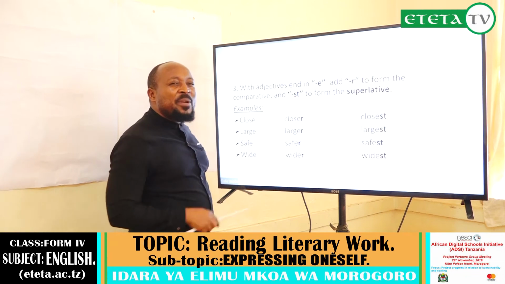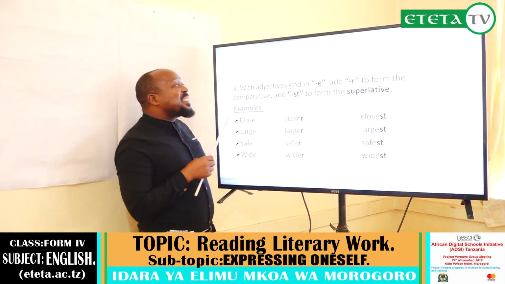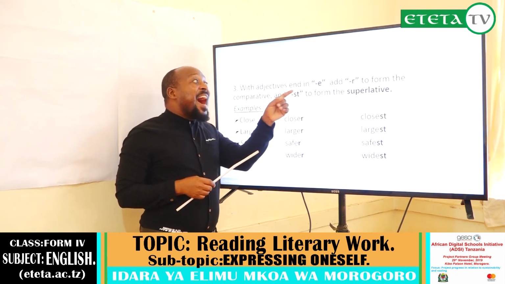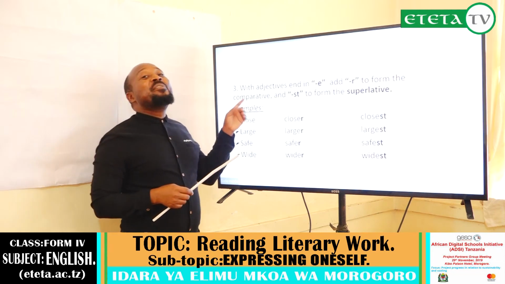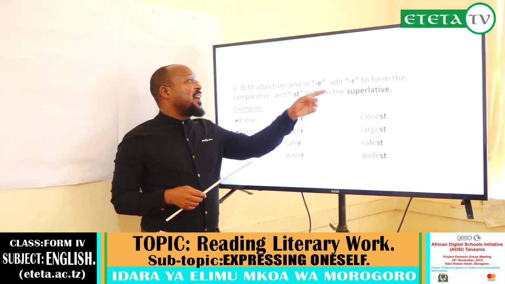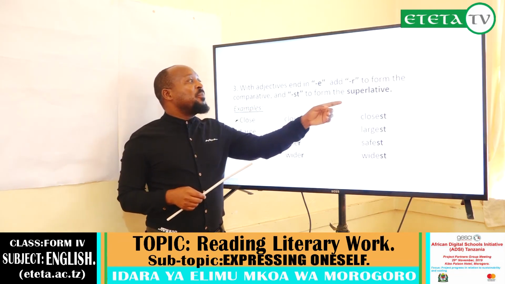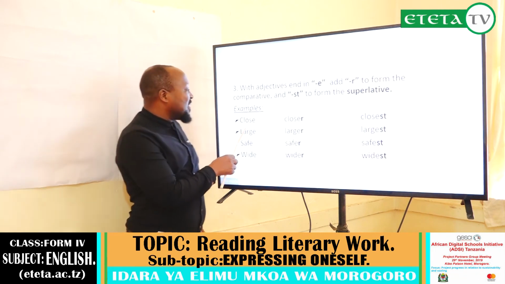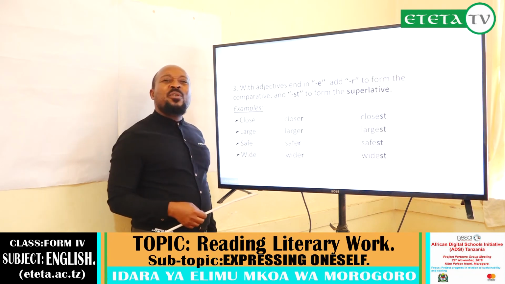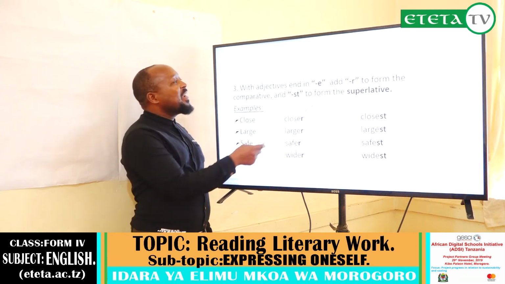Another thing which you should keep in mind is this one here. With adjectives that end in E, to form the comparative you just add R, and to form the superlative you just add ST. It's simple.